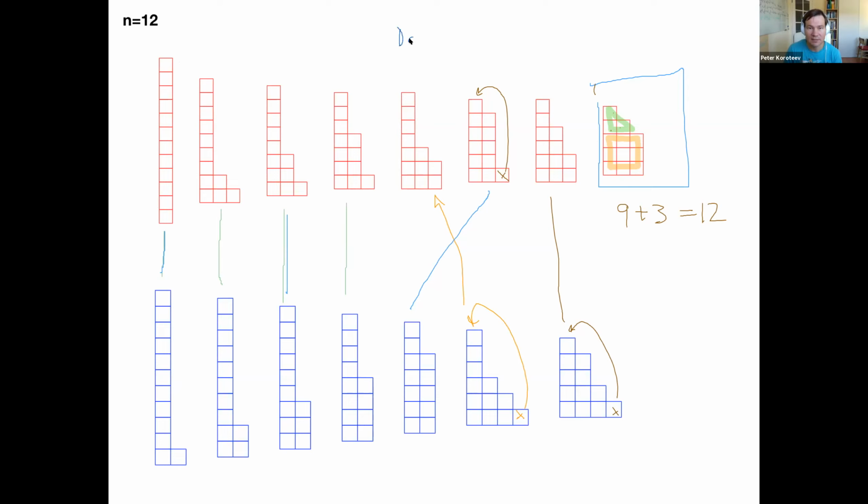So all of them are distinct, right? Now, what happens if you take this block, move it up here, down there? Will we compromise this distinct property?